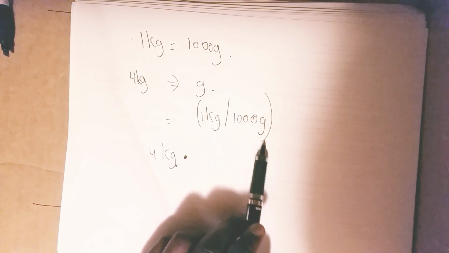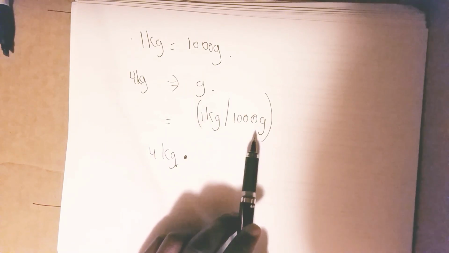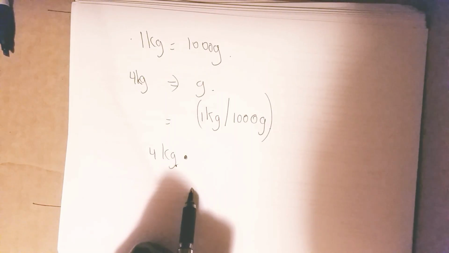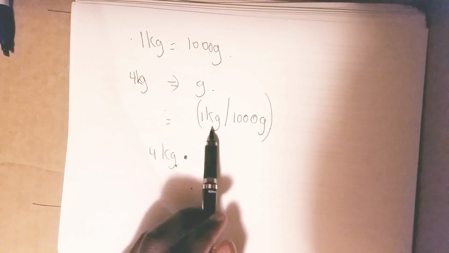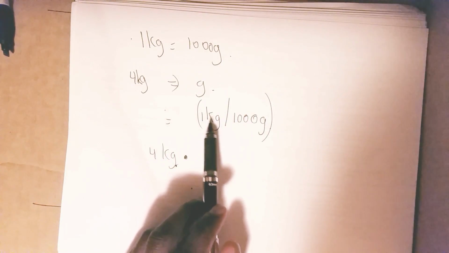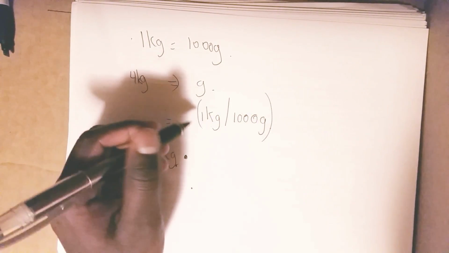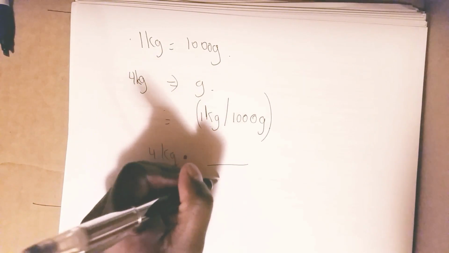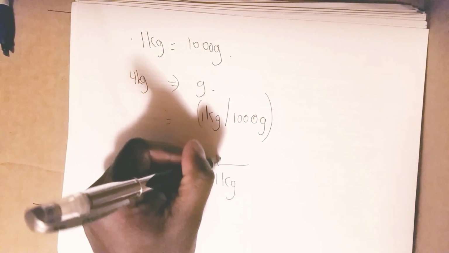If you multiply this, you get 4 kilograms per 1,000 grams. But you don't want kilograms, you want grams. So you want to get rid of the kilos. You put the kilos at the bottom and the grams at the top.